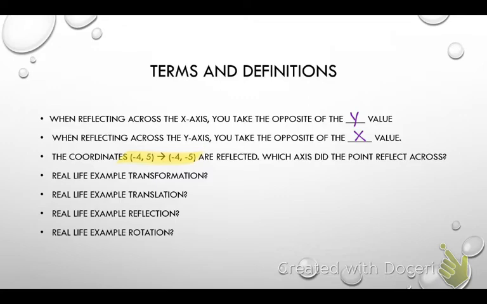X. It is the x-axis, and the reason why is because I see opposite y values. If I see opposite y values, it means that point crossed the x-axis to get to the new value. And because my x values are the same, I know the y-axis was not reflected. So my answer here is x-axis.